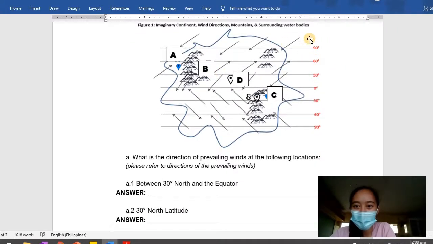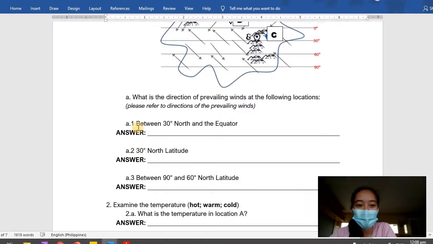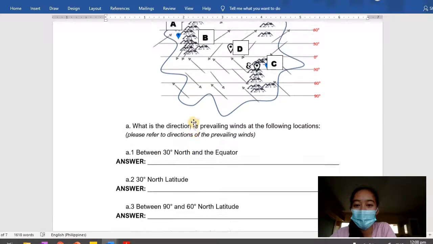When you look at the wind going from here to here, those are easterlies. And this one from the west going here is westerlies. So to answer number 1, 8.1, what is the direction of the prevailing winds at the following location? Between 30 degrees north and the equator.